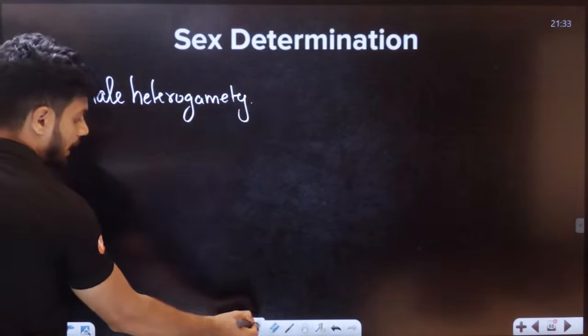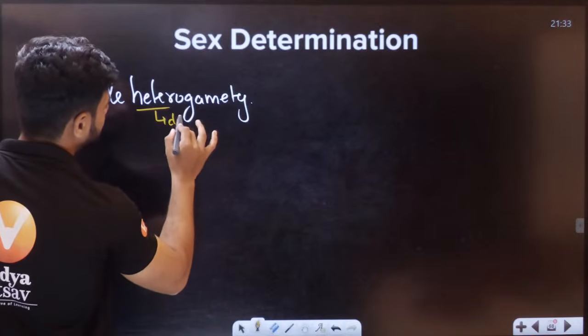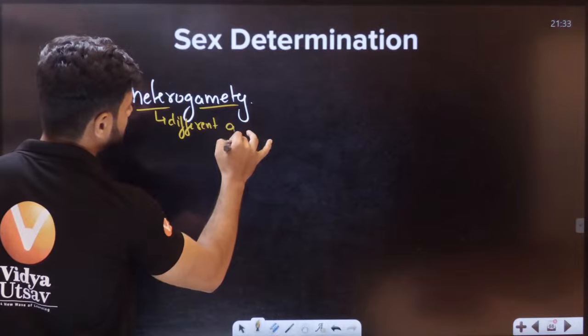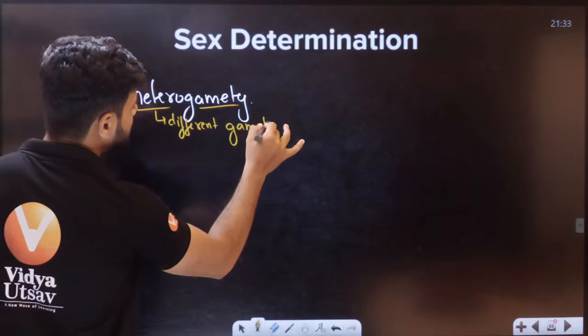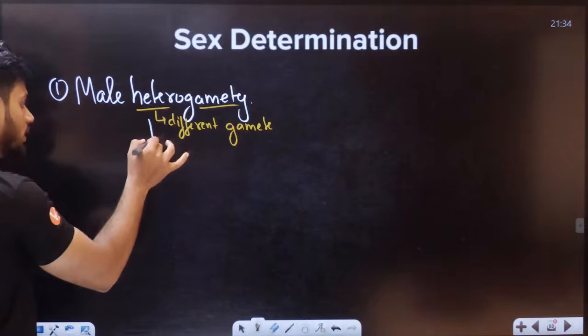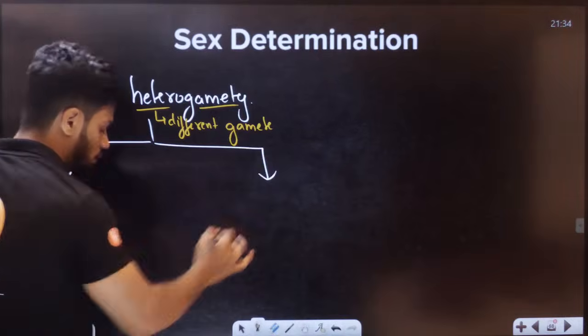Hetero means different. Gamety means gamete. So in the case of male heterogamety, there are two different examples which you need to know.